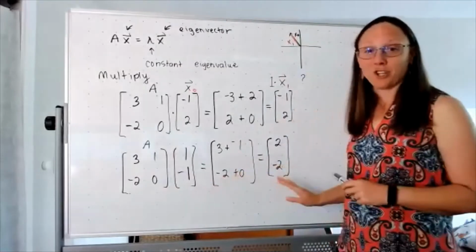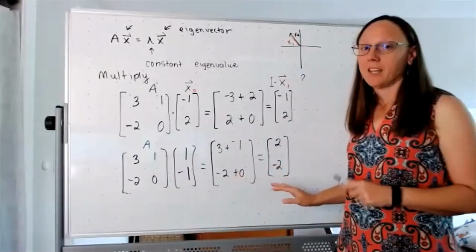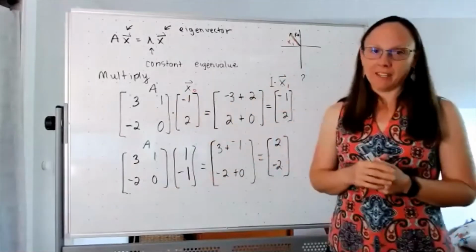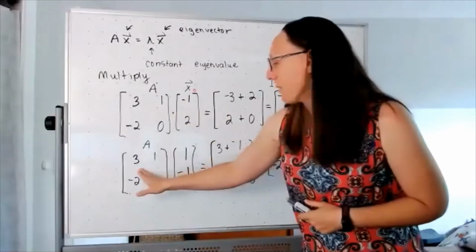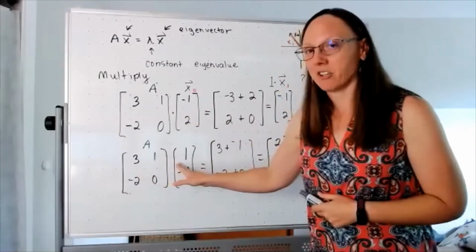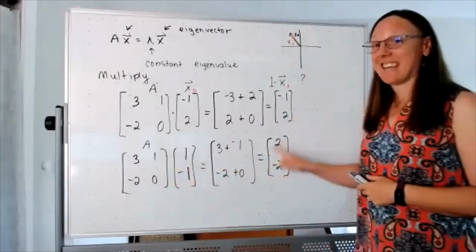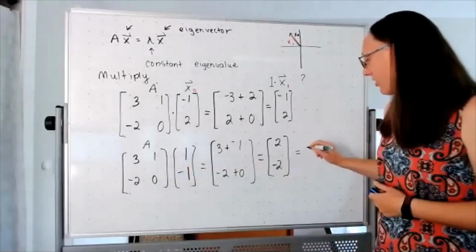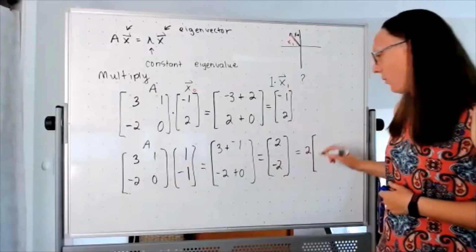Now the reason I wanted to show you this one is because that same weird thing just happened. Only multiplying the matrix times that vector didn't give us exactly the same vector back, but it gave us a vector that's twice what we started with.